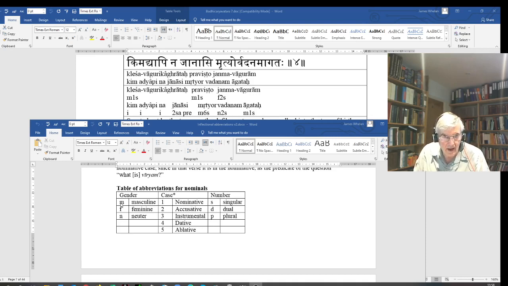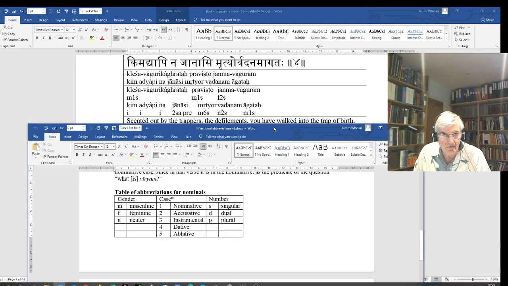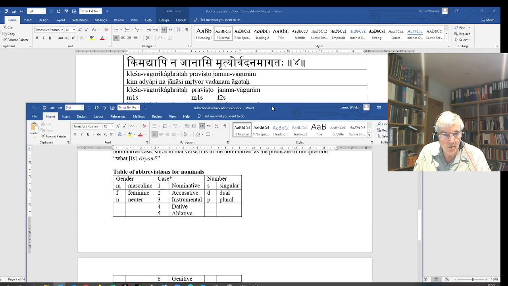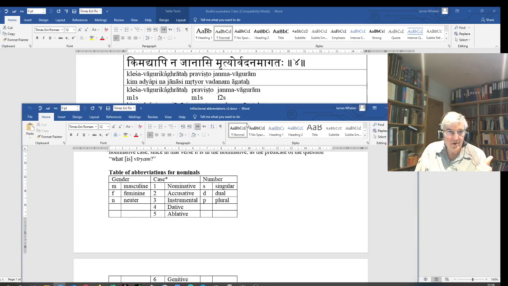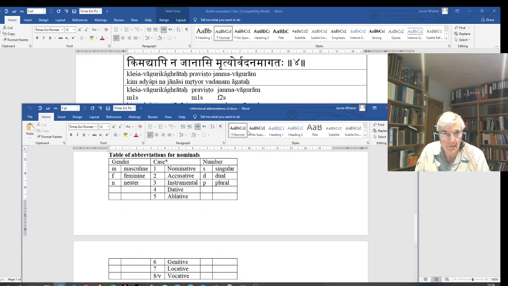There you have it. M1S, you see it's masculine, nominative, singular. And for the sake of consistency, I'll always do it in that order. So whenever you see an inflectional abbreviation starting with the letter M or F or N, then you'll immediately know that it's going to be a nominal, and you look it up in this table.